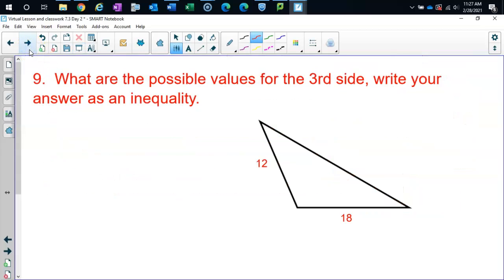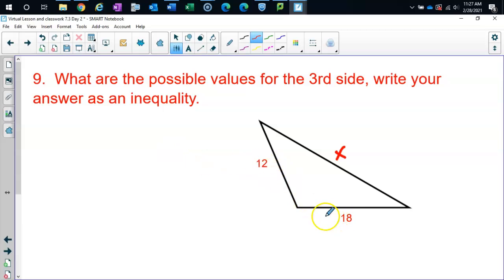All right, number 9. What are the possible values for the third side of this triangle? I'll call this X. Write your answer as an inequality. This side is 12 and this side is 18. Go.